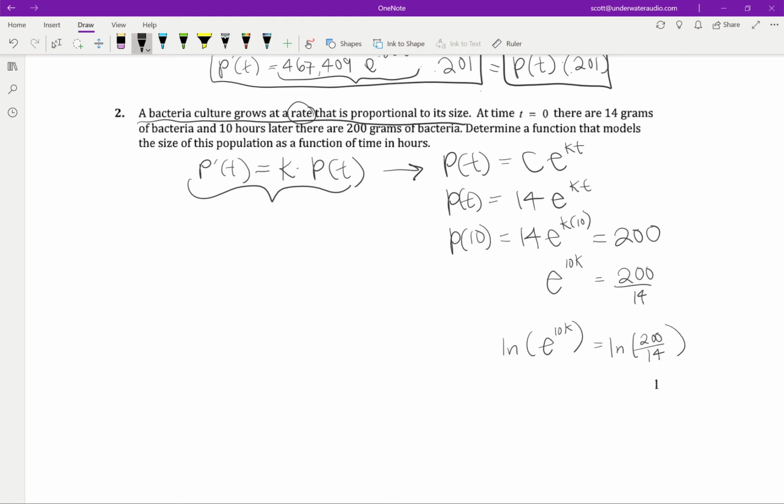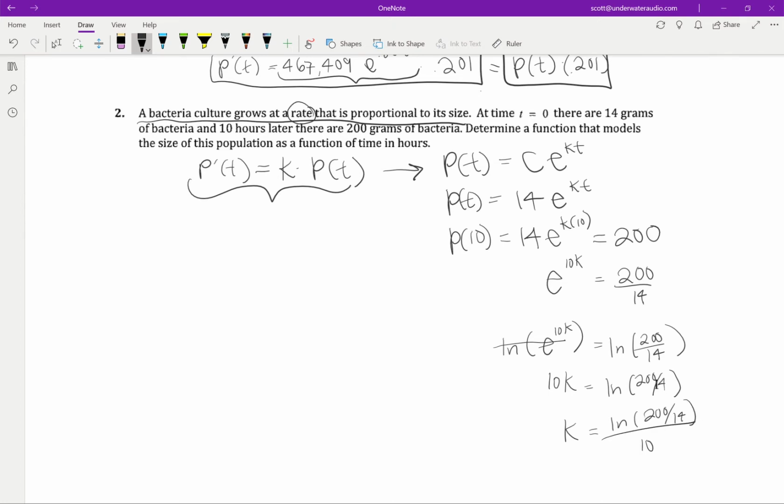And then a natural log of e, that cancels and just leaves the exponent. Look, there's a 1 there perfectly for me to use. Okay, now I can divide by 10. k equals the natural log of 200 divided by 14, divided by 10.